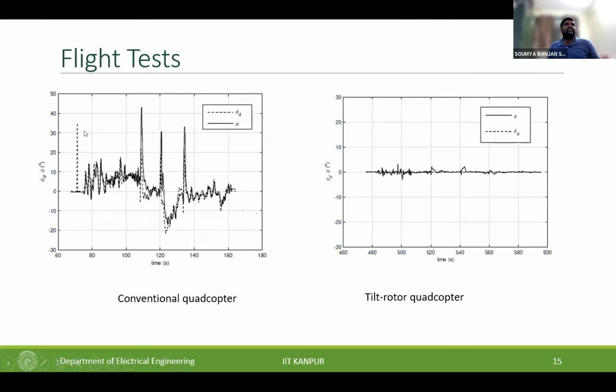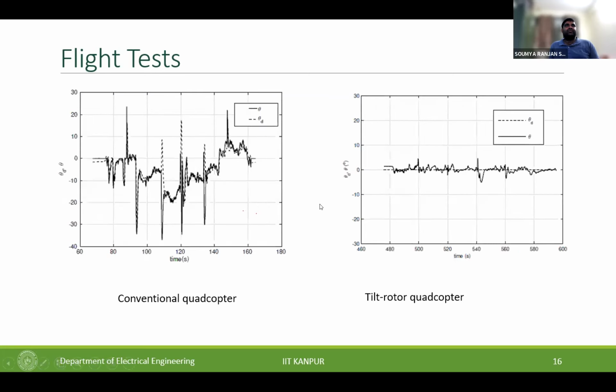Now with plus minus 3 degrees in a conventional quad, such motions will not be possible. Okay, so this is what we have. This essentially tells that the roll component has been completely decoupled from the horizontal motions that you have.